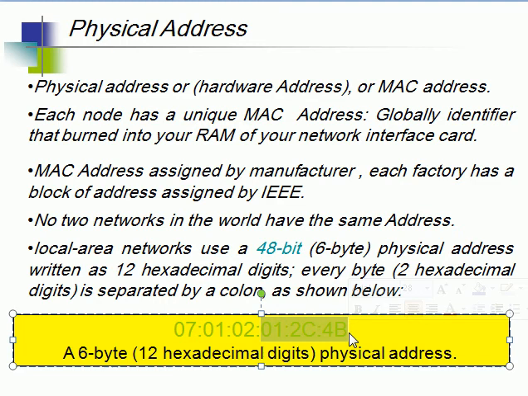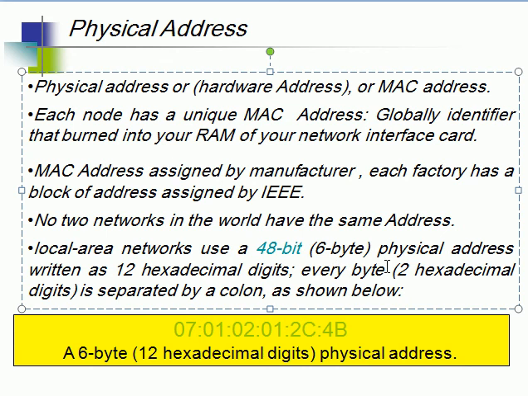We got 48 bits. So we have 12 hexadecimal digits. As you can see here, the representation of data is hexadecimal. So these are 12 hexadecimal digits. We have 6 here and 6 there. 3 bytes from the left side, 3 bytes for the right side.